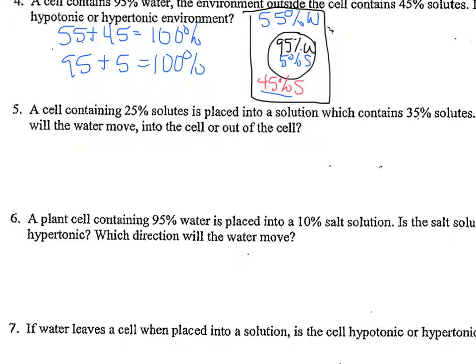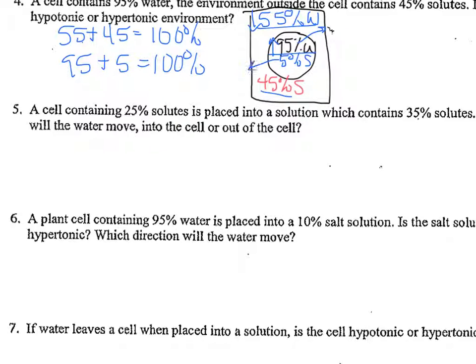The first thing easy to look for is where water is high and where water is low. Water on the inside of our cell is 95%, and that is greater than 55%. And once again, water moves from an area of high concentration to an area of low concentration.